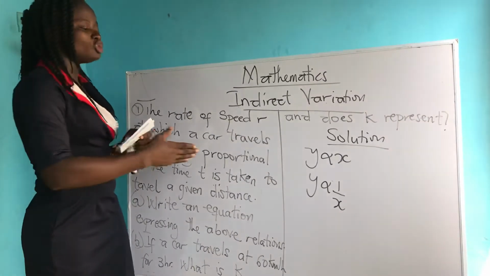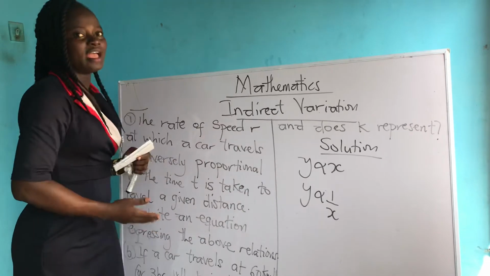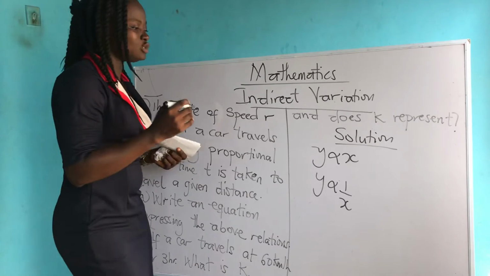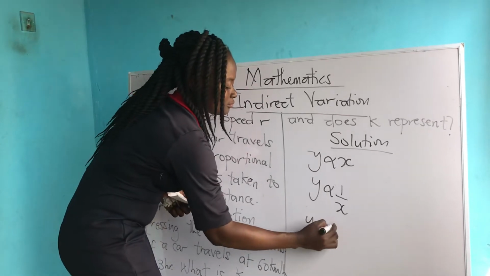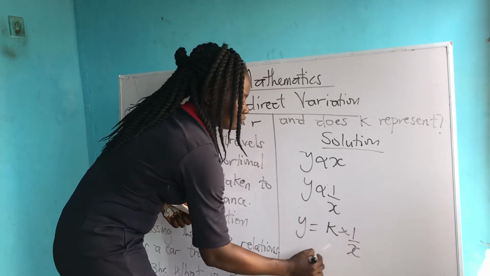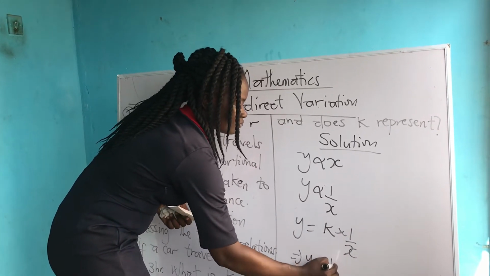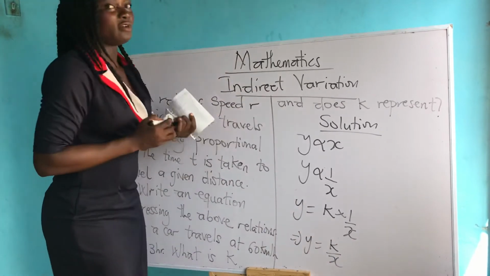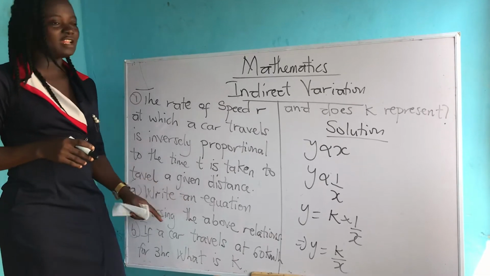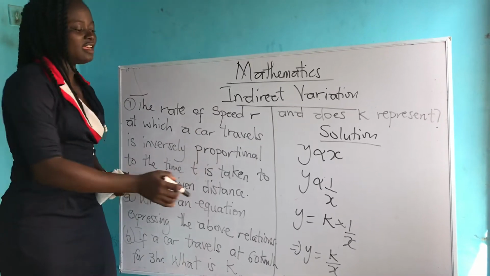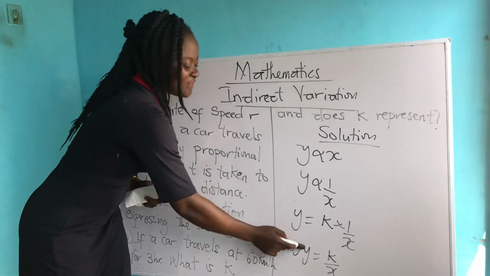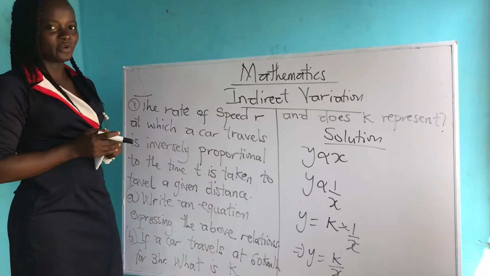The moment you change the sign to an equal sign, you introduce your constant, k. So the first question asks us to write an equation expressing this relation, and this will be the answer. This is an inverse variation expression.